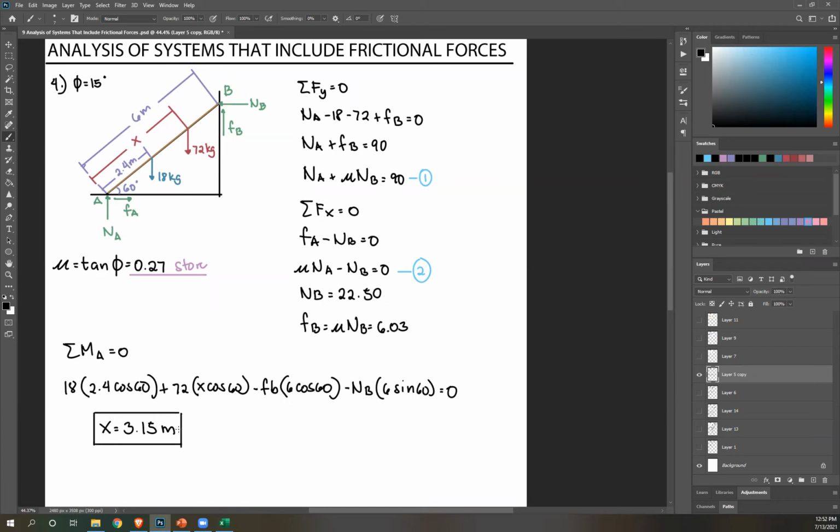Now take note. Usually when you have a ladder, and there's a mention of weight, usually weight is at the center. So if this is 6 meters, usually weight is here at the 3-meter mark. Now that is if your ladder is homogeneous. Usually it is unless otherwise stated.